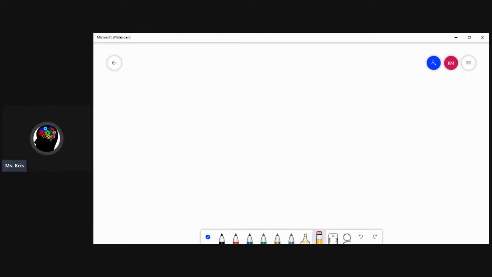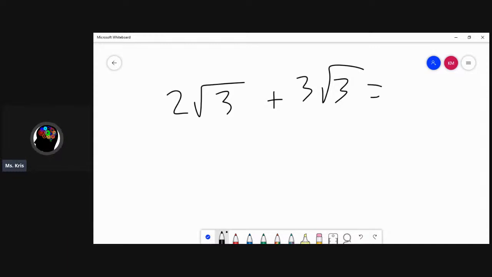So, say if you have 2 square roots of 3 plus 3 square roots of 3. The rule of adding and subtracting means all you have to do is add and subtract the number on the outside. So, you have 2 plus 3.